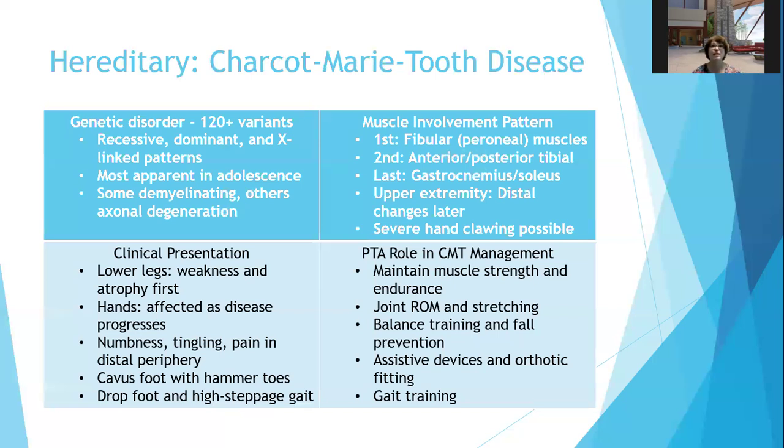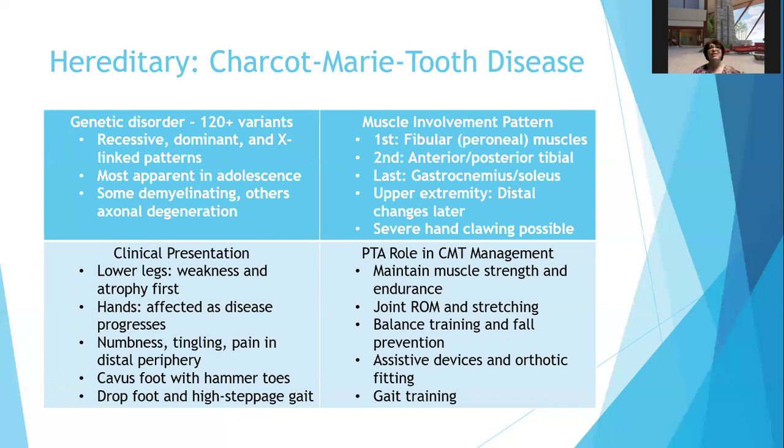Charcot-Marie-Tooth, also called CMT, was identified by him and two other people, and that's why it's called that. It's a genetic disorder. There are a lot of variants, so some of them are recessive, some of them are dominant, and some of them are X-linked. It usually becomes more apparent in adolescence.